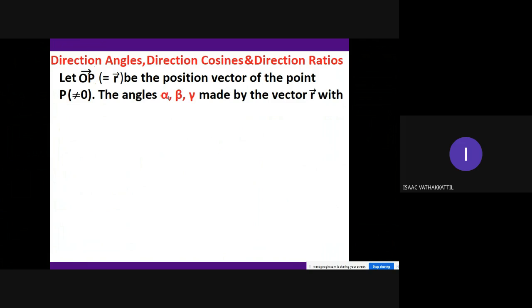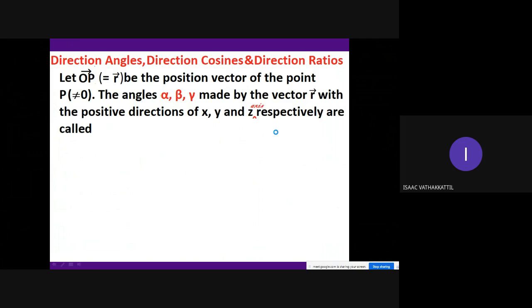And the angles made by this vector r with OX, OY, OZ, which we respectively denote by alpha, beta, gamma. So the angles alpha, beta, gamma made by the vector r with the positive direction of the x, y, and z axis respectively are called the direction angles of the vector r.